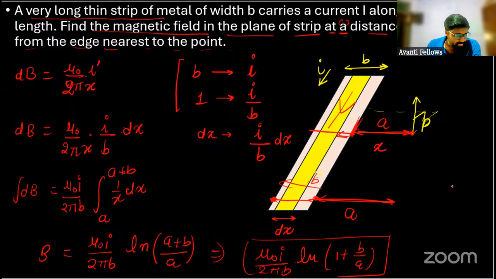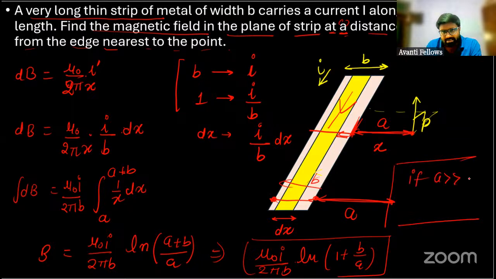That final result would be: if a is very, very greater than b, then the B vector would become mu naught upon 4 pi a into 2 I upon, mu naught into 2 I upon 4 pi a.